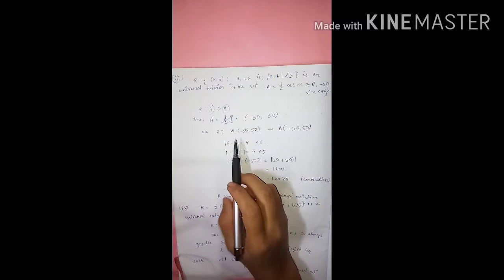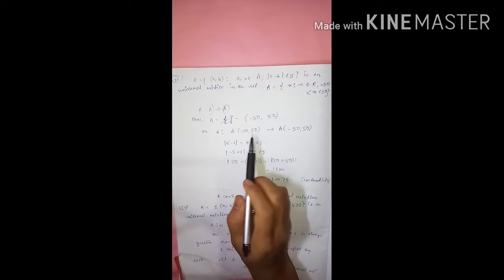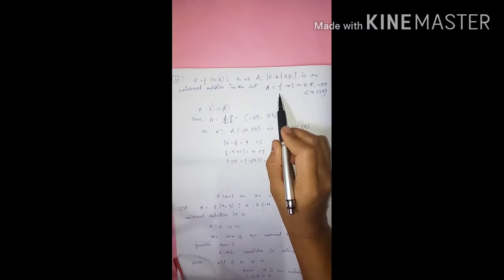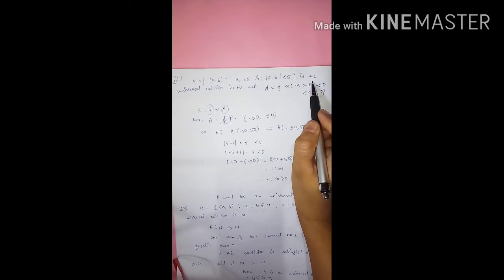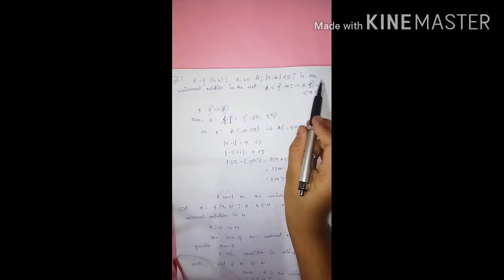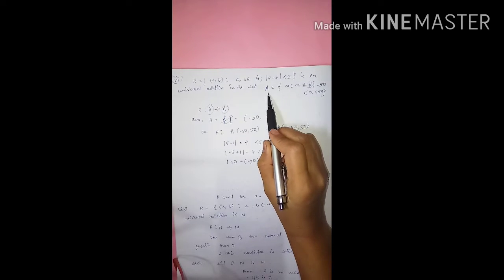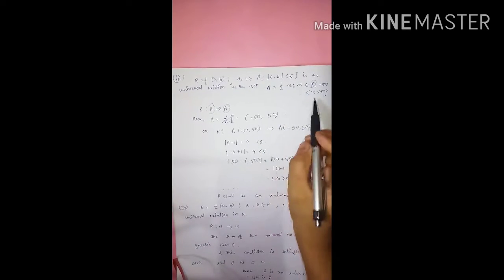Now we see here R goes from the set A, minus 50 less than x less than plus 50, and x belongs to R, that means real numbers. So can we say that A is an interval?